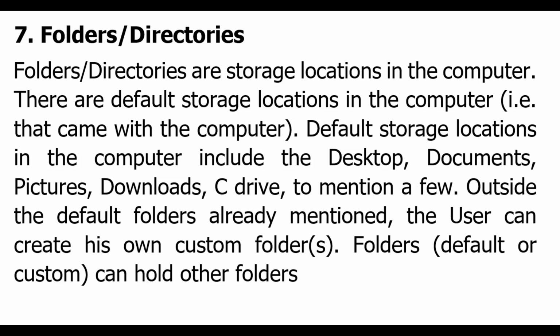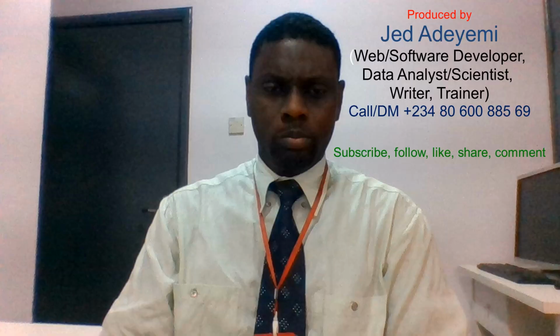Outside the default folders already mentioned, the user can create his own custom folders. Folders, default or custom, can hold other folders. In other words, inside a folder, you can create another folder, and so on.